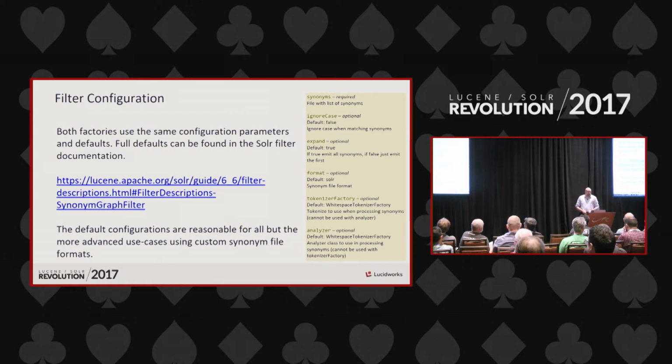I do want to call out one particular parameter here, though, and that's expand. The expand parameter is talking about what to do with the synonyms when you see those tokens. So if you remember back a few slides ago, the equivalency is A, B, and C. If I see B and expand is true, my synonym filter will emit all three tokens, A, B, and C. Expand false says just emit the first token. That'll be important for us later for solving multi-word synonyms.